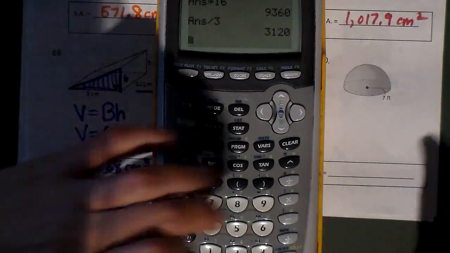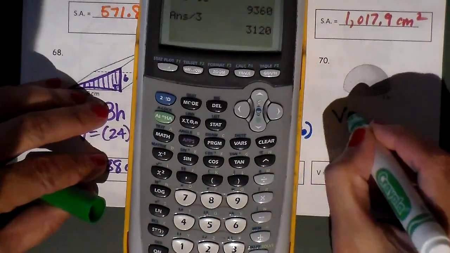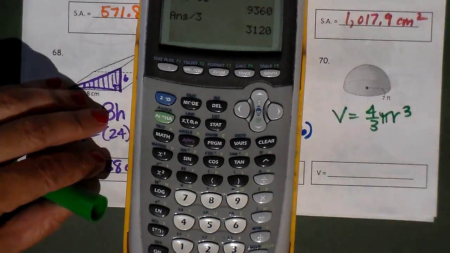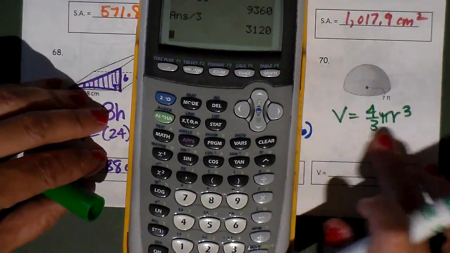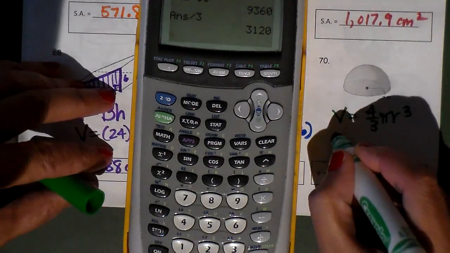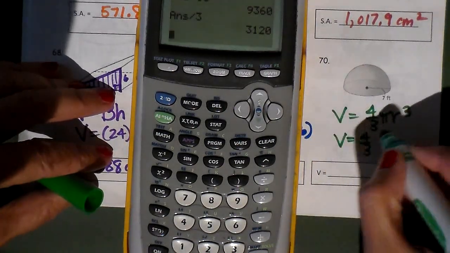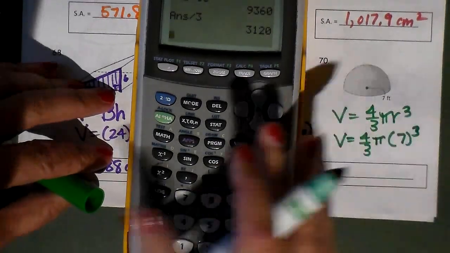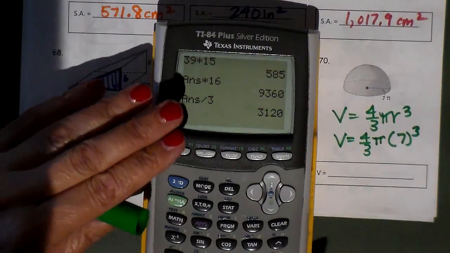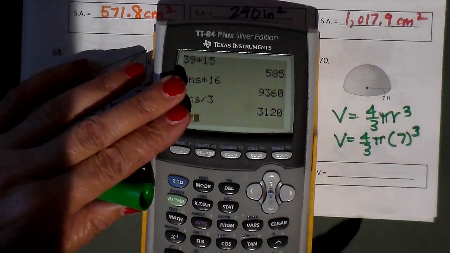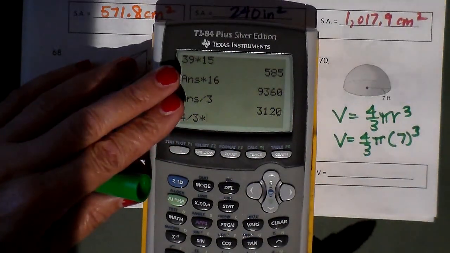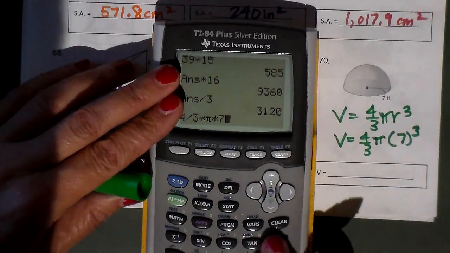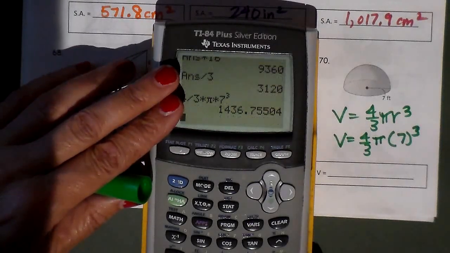Okay. Now let's do the last one over here. That's a half a sphere. Okay. Well, what's a full sphere? A full sphere is 4/3 pi r cubed. So what we're going to do is find the full sphere and divide it in half. So the volume is 4/3 times pi times 7 cubed.